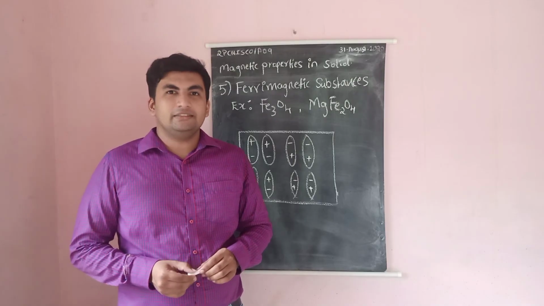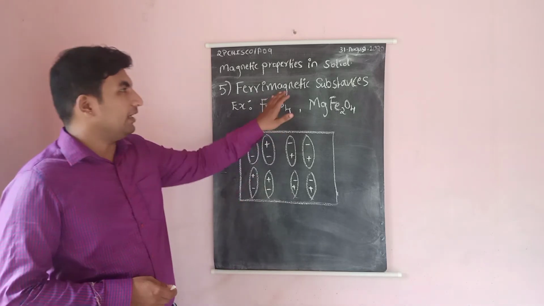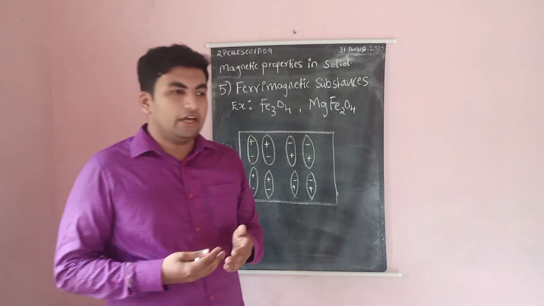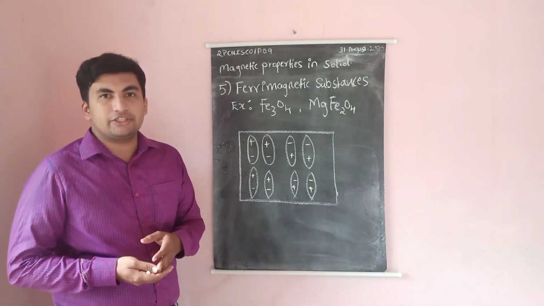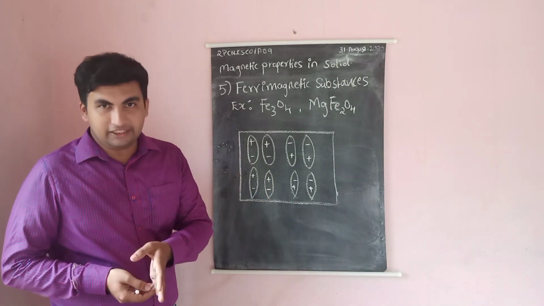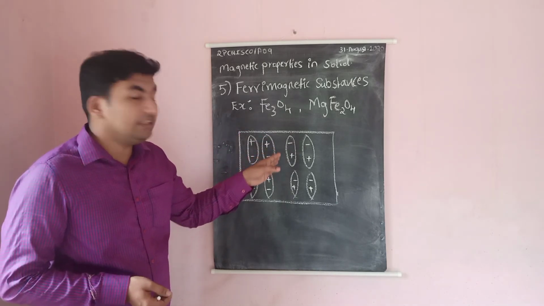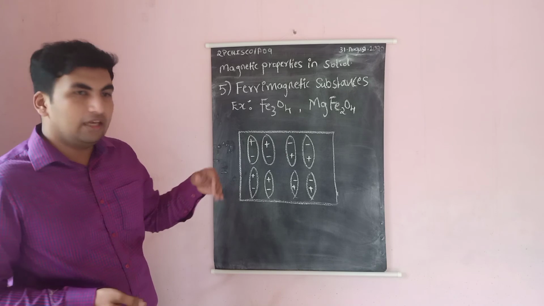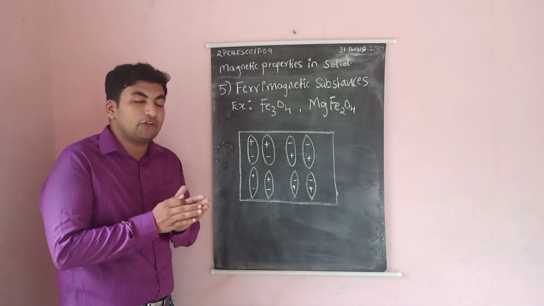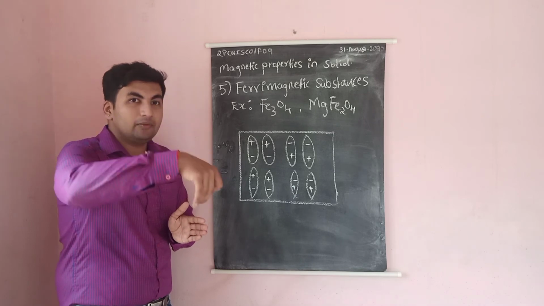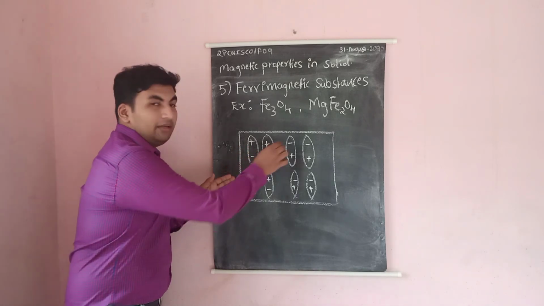The last one is ferrimagnetic substances. Here the domains are arranged parallel and anti-parallel with unequal numbers. In anti-ferromagnetic substances we saw that where one is parallel, another is anti-parallel, in the same number.